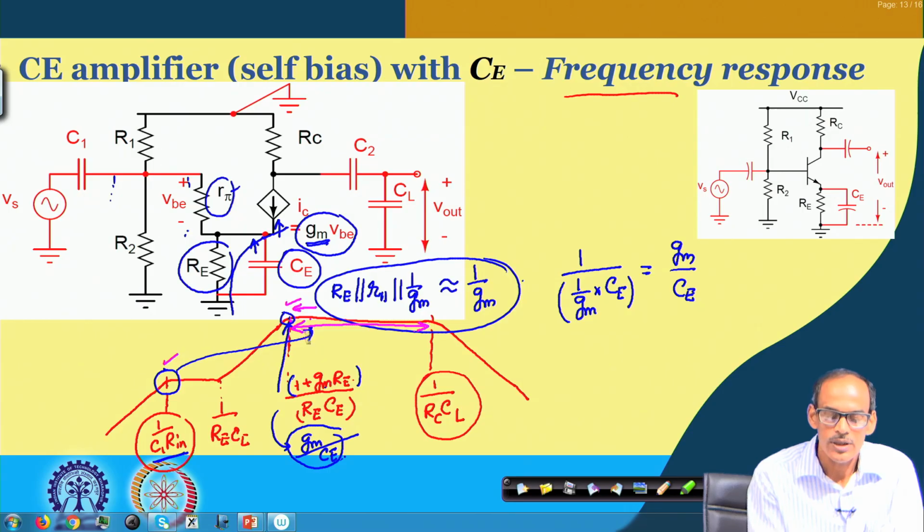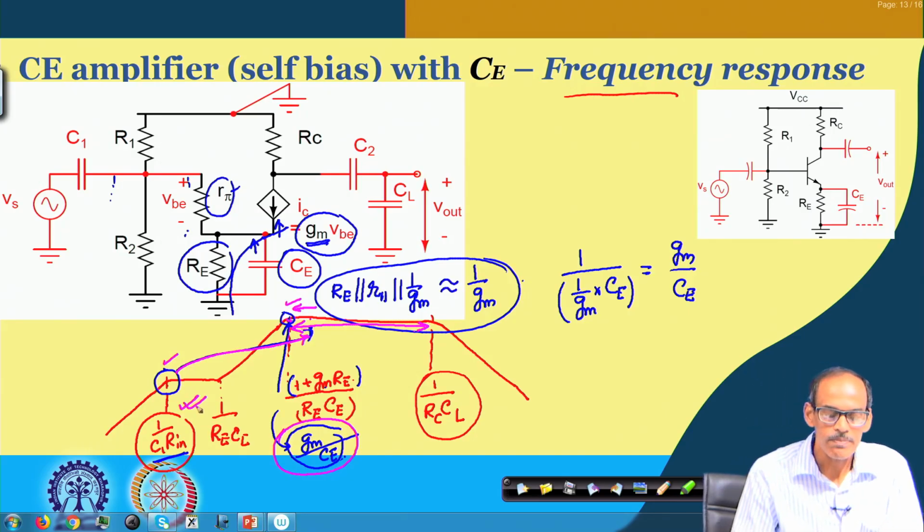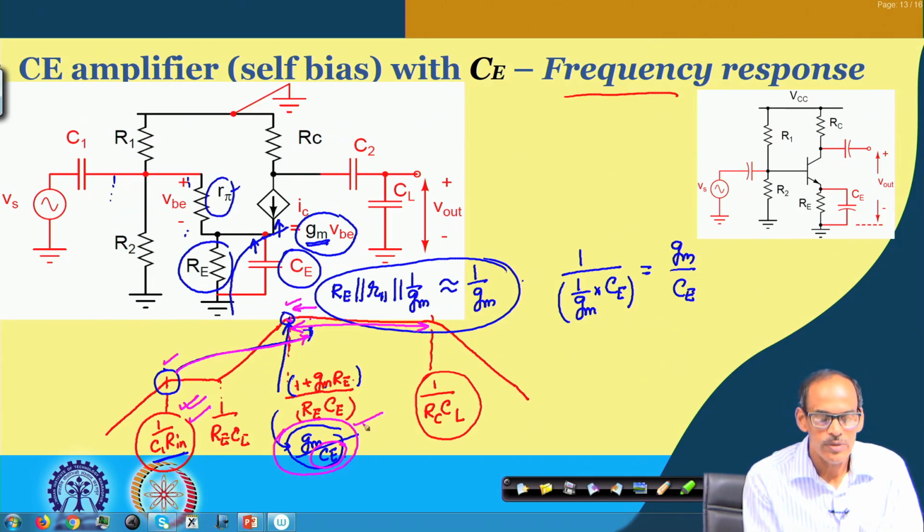In this case, the lower cutoff frequency is defined by this, but if we take a value of C1 very small and it crosses this point, then this may define the corner frequency. Typically we try to see that the value of Ce is taken sufficiently large, so that in the optimum case these two corner frequencies coincide.